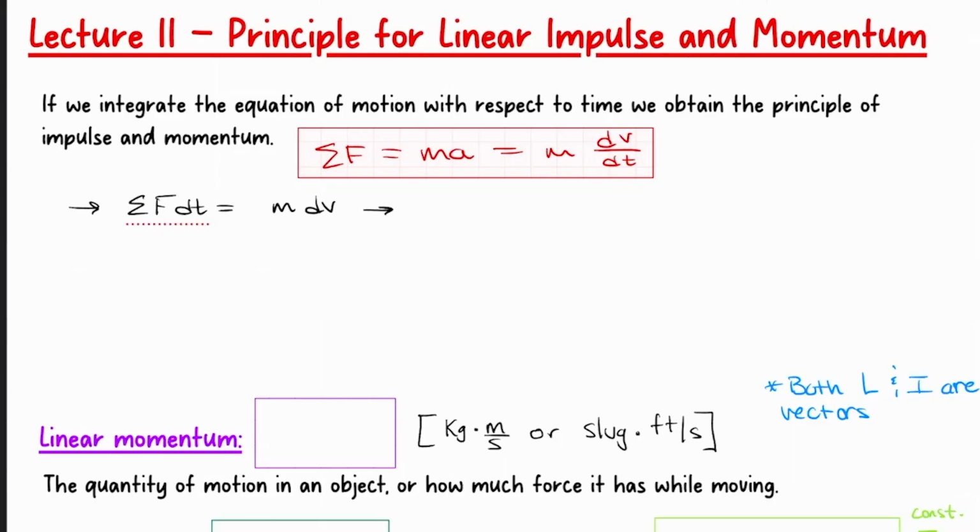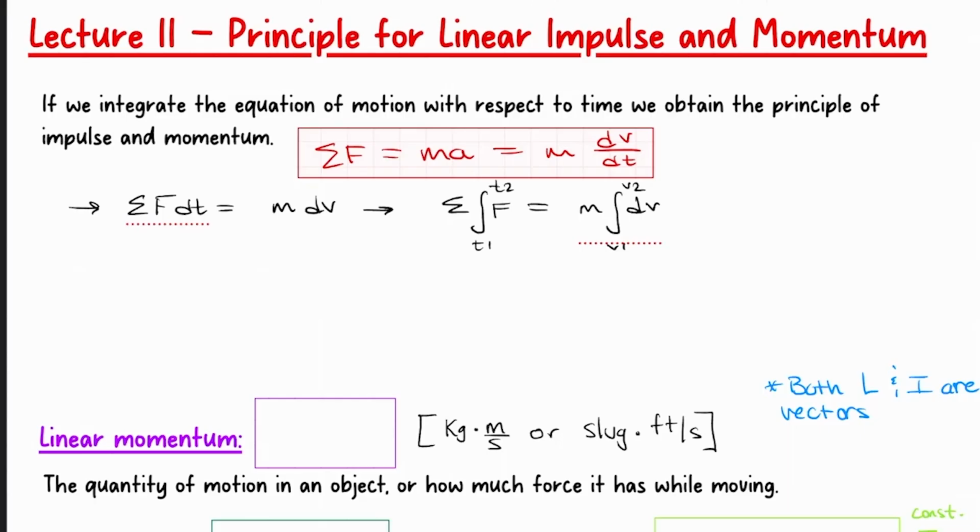If we integrate, we will get the sum of the integral, considering that maybe our forces are variable, from t1 to t2, equals mass times the integral of dv from v1 to v2.